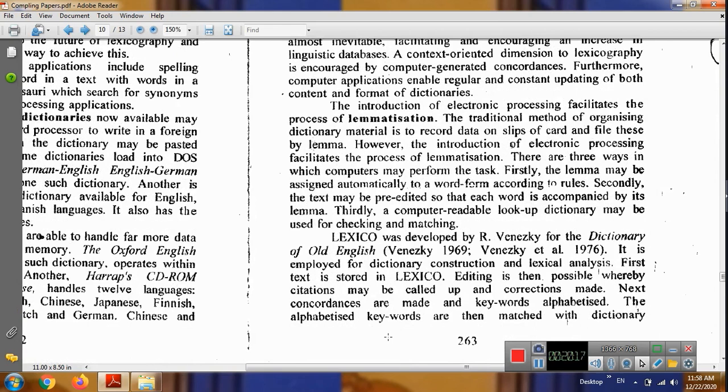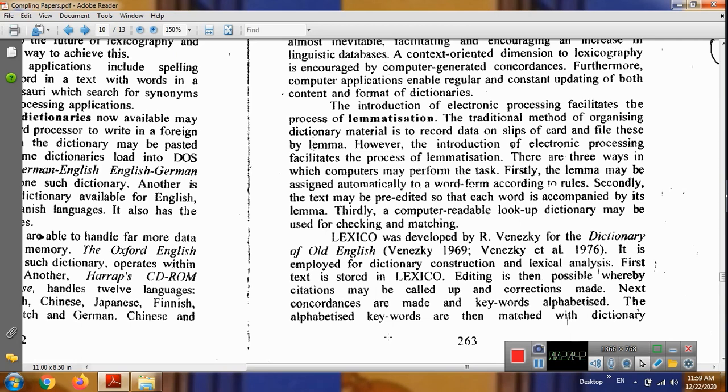The traditional method of organizing dictionary material is to record data on slips of card and file them by lemma. However, the introduction of electronic processing facilitates the process of lemmatization.